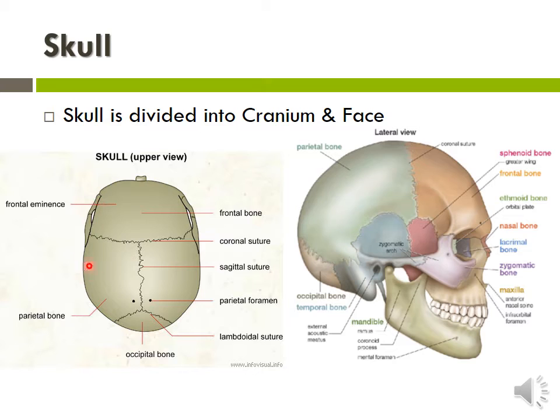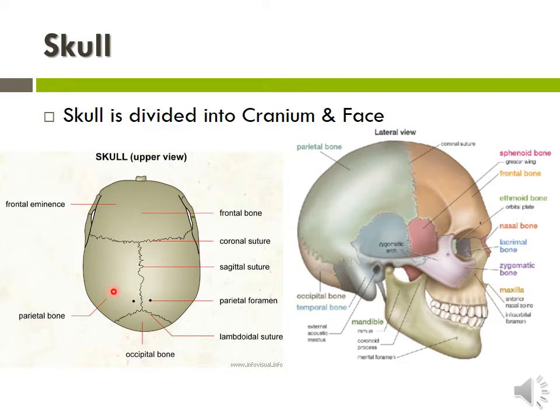Now we will quickly look at the names of the bones. You can see one bone here, a couple of bones here, and one bone here. The name of this bone is frontal bone, which means it is in front. You can see the nose here, so this is the frontal bone. Now we can see two similar and almost equal bones, known as parietal bones.